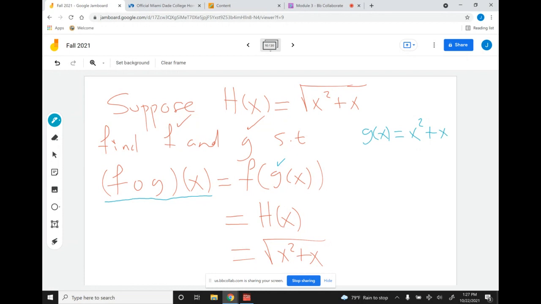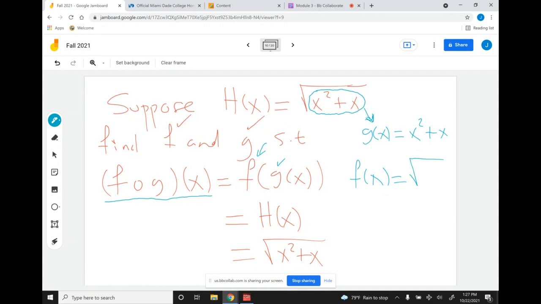Some of you may say, where did you get x squared plus x? I got it from here. That's my inner function. And my outer function, which is going to be the f of x, is going to be the square root. Now, you cannot just leave that blank.